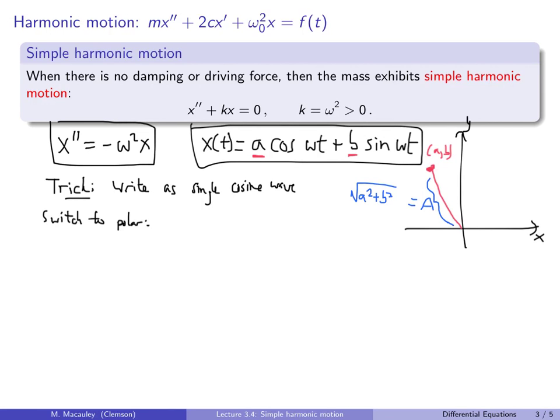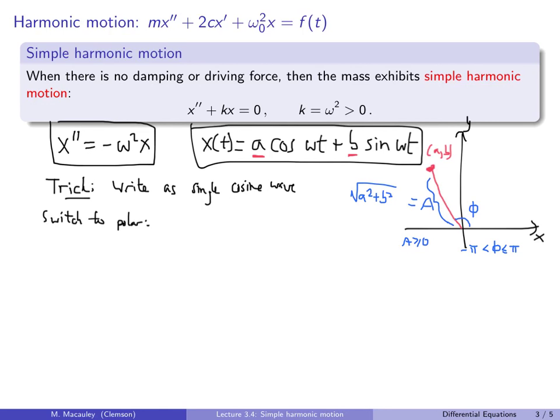Before I do the next step, I should say one more thing. Let's call this angle phi. So A is greater than or equal to 0, always. And phi, we can assume, is between pi and negative pi.